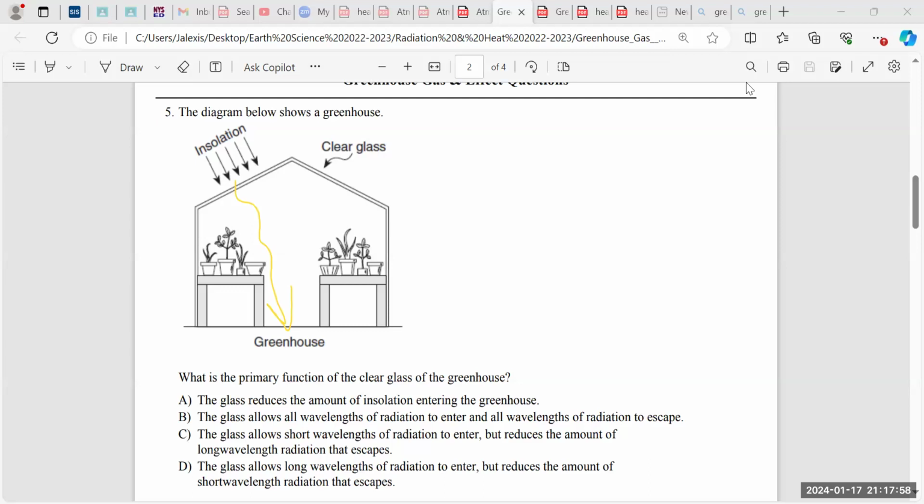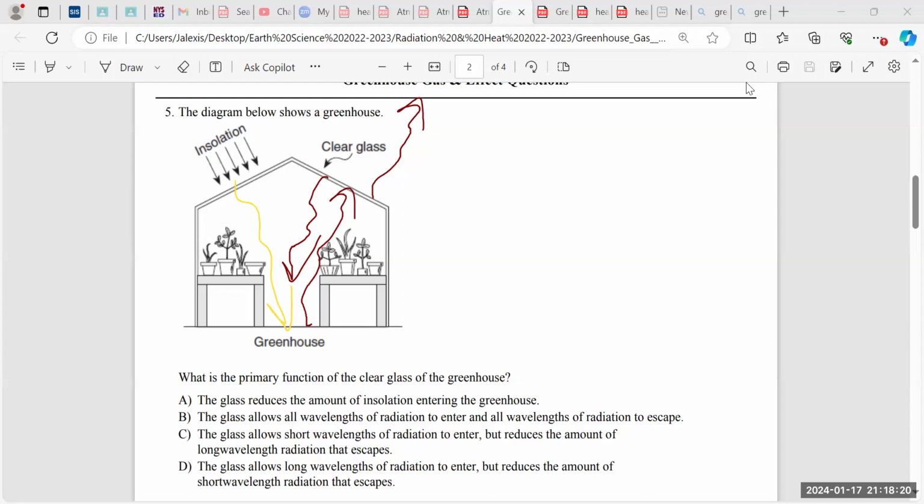Then the ground releases infrared radiation. Some of the infrared radiation escapes, but the glass reflects some of that infrared radiation back down. So what is the primary function of the clear glass?